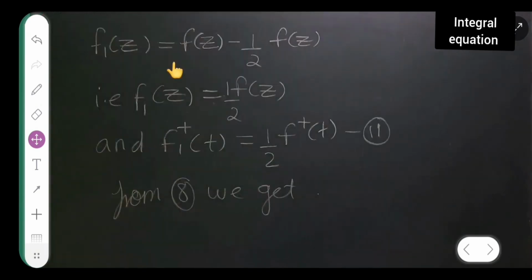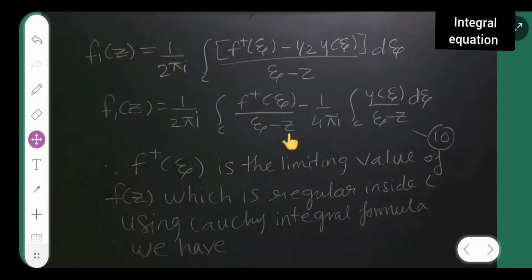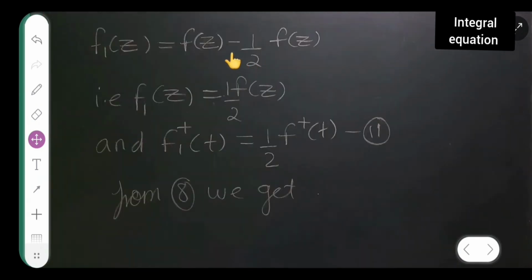So plug it over here, f of z minus half into f of z. Why? How I got this? What is the value of this? Half f of z, okay? Minus sign as it is, 1 upon 4 pi integral from c y xi upon xi minus z into dxi is nothing but half f of z. So write minus half f of z, okay?